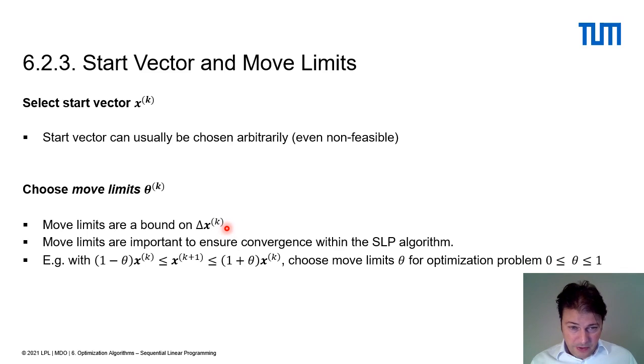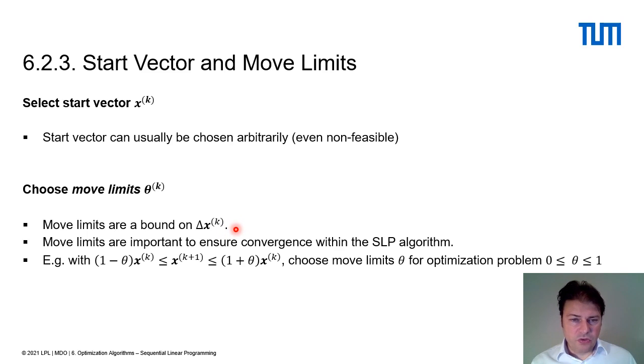And for this process to converge, it's important that you don't move too far away from your current design, and you ensure that by choosing move limits that will just prevent your solution from jumping back and forth.